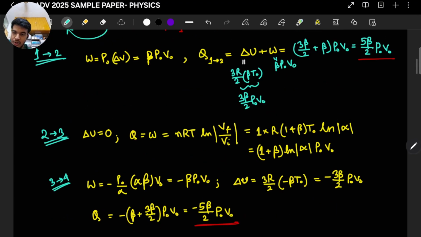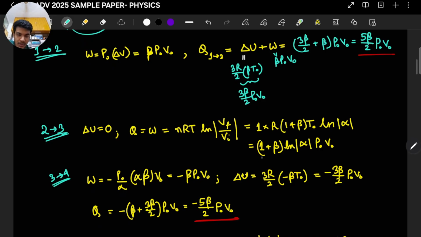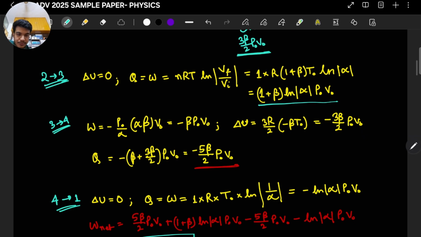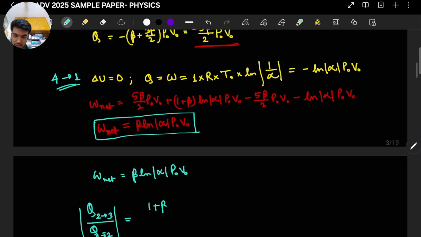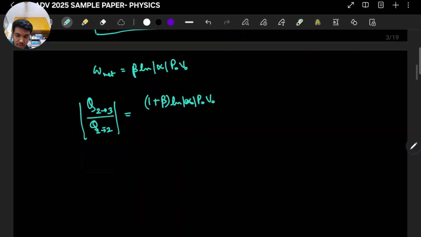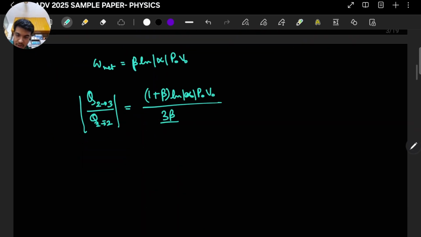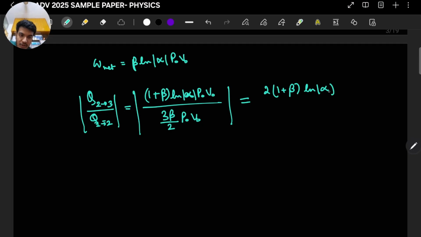Q2 to 3 was this and Q1 to 2 was this. If I divide both of them, ln alpha P0 V0 upon 3 beta by 2 P0 V0, mod value. So I would get something like 2 into 1 plus beta ln alpha by 3 beta.